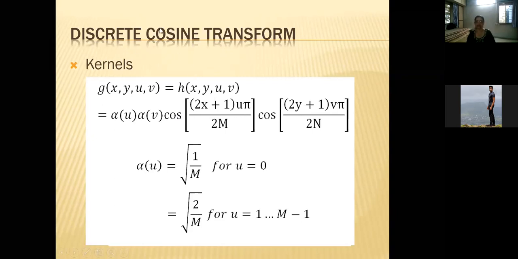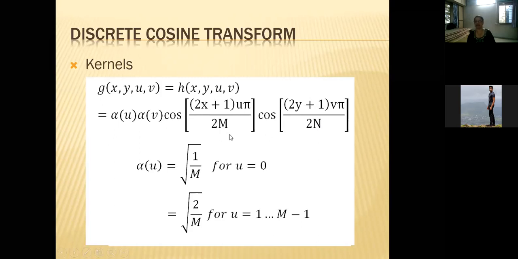For the discrete cosine transform of images, the forward transformation kernel g(x,y,u,v) is given by alpha u into alpha v into cos of (2x plus 1) u pi by 2m into cos of (2y plus 1) v pi by 2n.